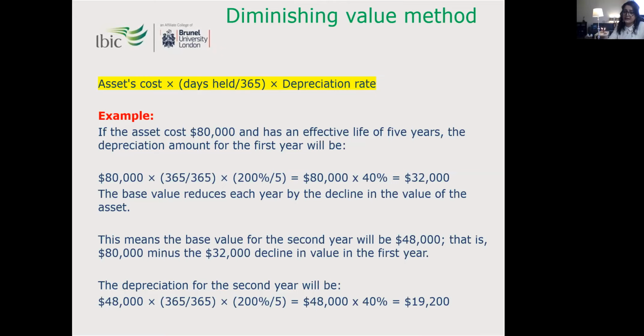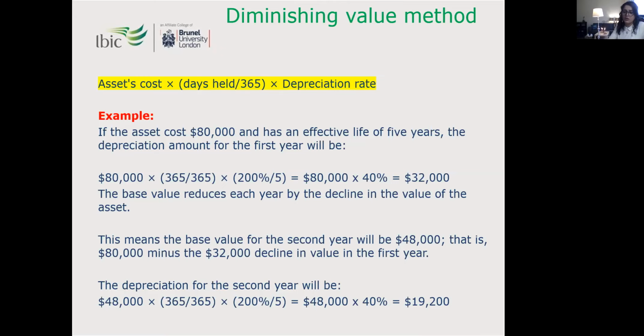The base value reduces each year by the decline in the value of the asset. This means that the base value of the second year will be 48,000. You can calculate it yourself to understand it, but this is the result of subtracting 32,000 from 80,000 for the first year.